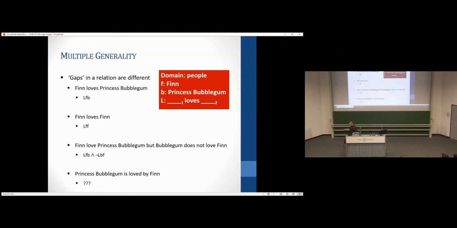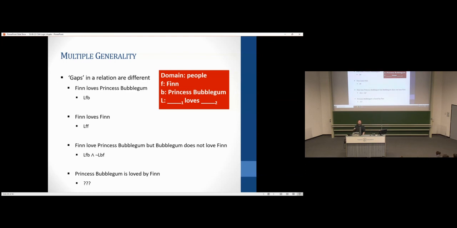LFB, conjunction, not LBF. What this tells us is that which spot we put the particular name in lines up with a spot in the predicate. The first one's the lover, the second one is the beloved.